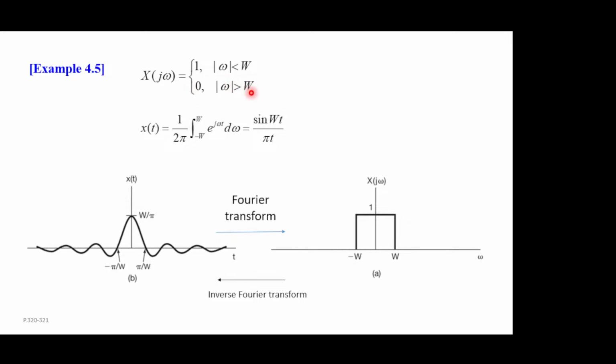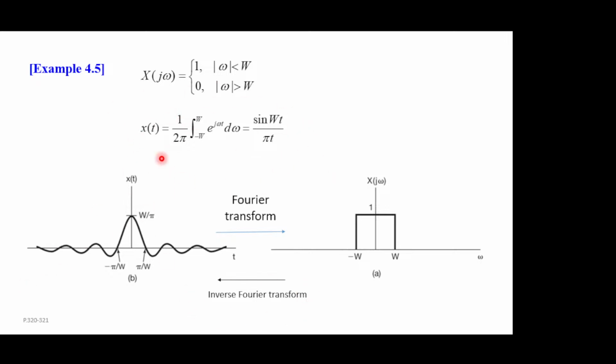It's 1 between minus big W and plus big W. Then what function will have a Fourier transform equal to this? We can do a similar thing. We can do the inverse Fourier transform calculation here.